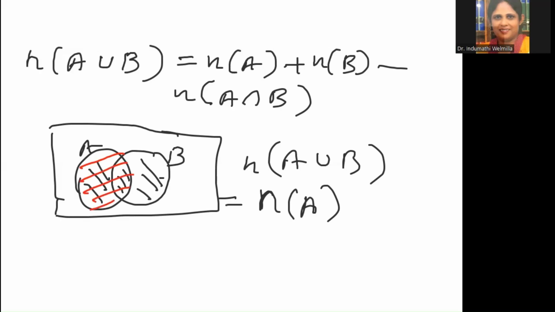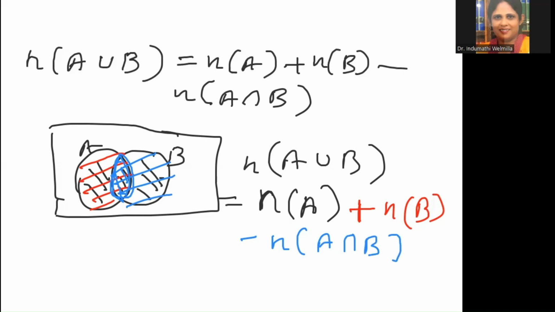Then when we add N(B), we add this part again. So the middle part, the intersection, is added twice, once with A and once with B. Therefore, we have to deduct N(A intersection B).